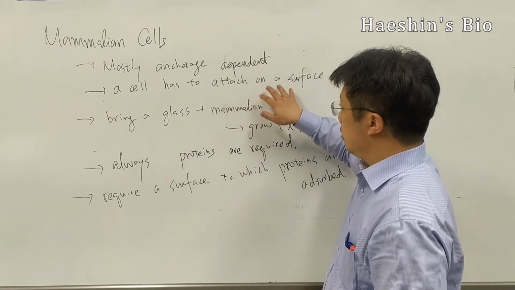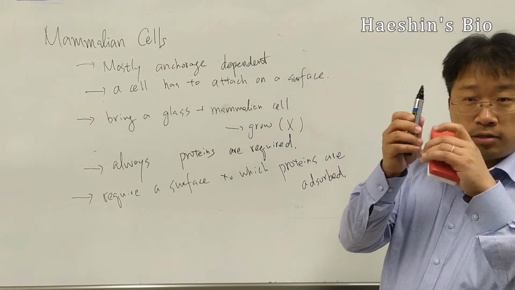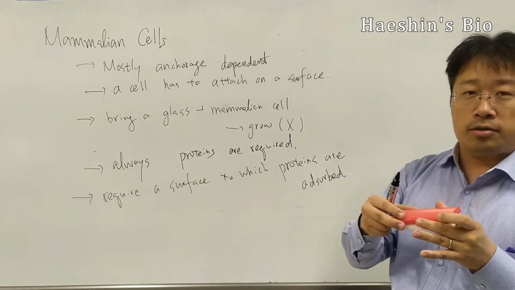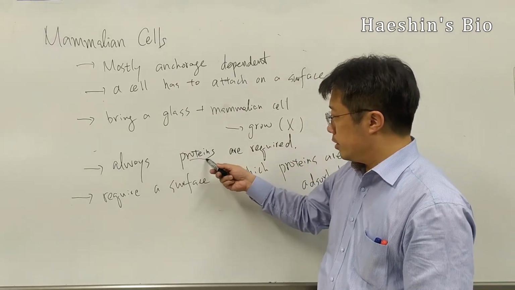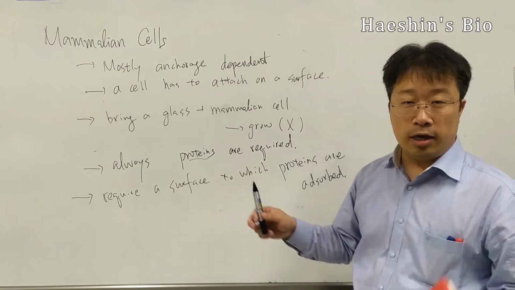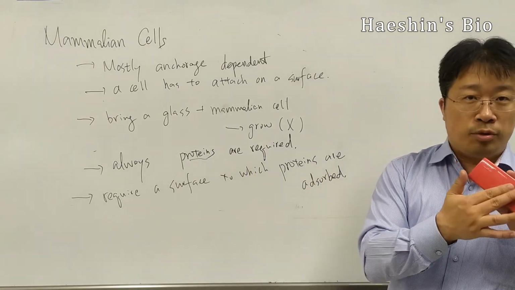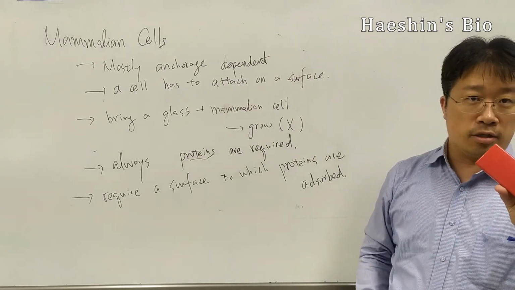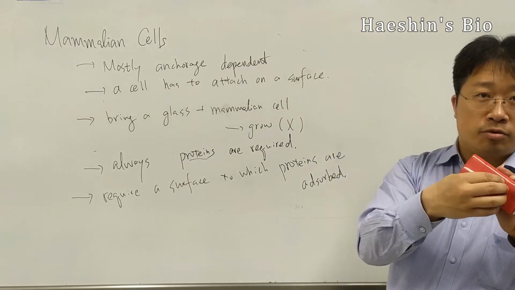But if you bring, for example, a piece of glass or a surface, and you put cells in a solution, they don't grow, because the proteins are required. So now you can think that you have a surface on which the proteins have to exist, and then the cells recognize this protein and bind.